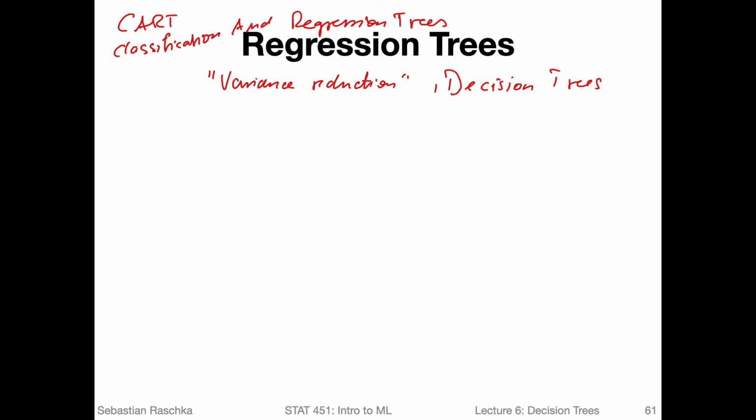So essentially, the decision trees for a regression are minimizing the mean squared error at a given node. So let me write this out properly. We minimize the mean squared error at a given node t. So the MSE can be written as 1 over the number of data points at this node, n_t, that's the number of data points at node t.